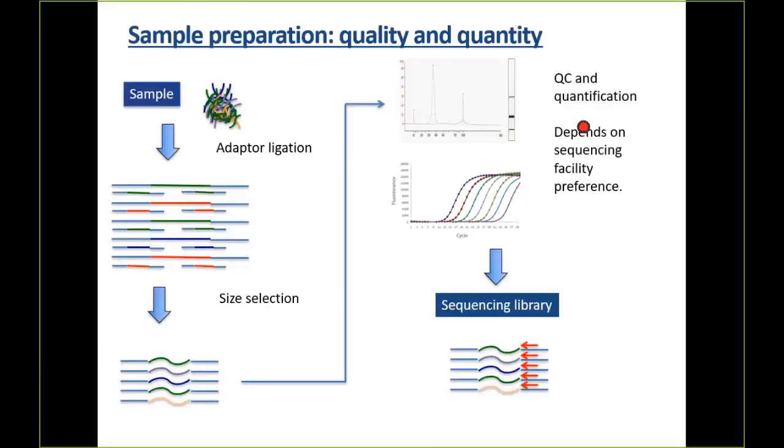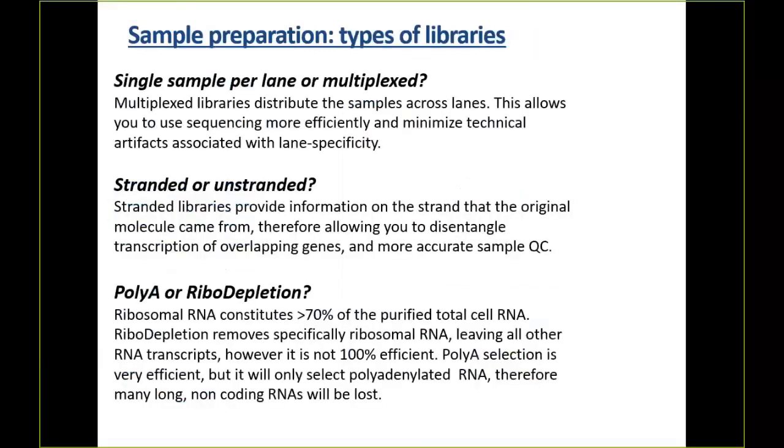You're going to do QC and quantification. So this is basically where the core or you are going to go through and make sure that your library looks like it's suitable for sequencing. The exact steps are going to depend on the method and the core. And then once you're satisfied the library looks like it's of good quality, that's when you're going to go ahead and sequence.